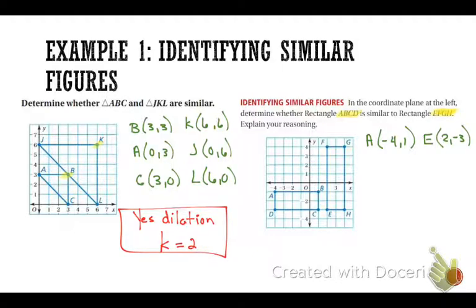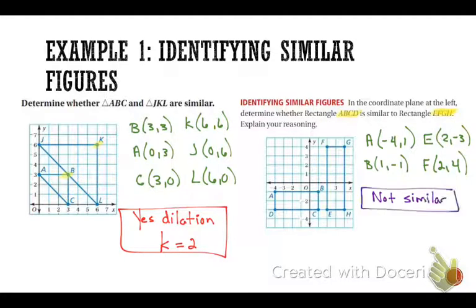Do you agree? Okay. So because of that, now we could just test another one. I think I tested a second pair, B and F, to come to the same conclusion. And again, because it has to be the same with all of them, there's no similarity between the two.